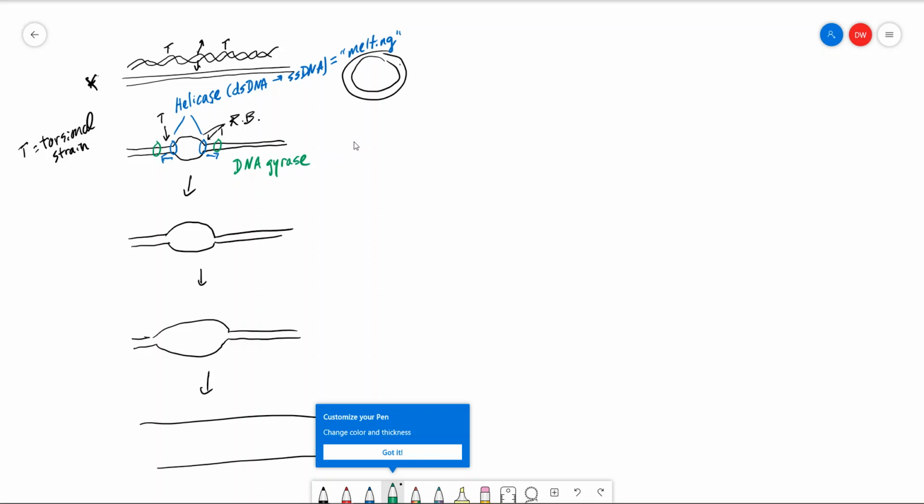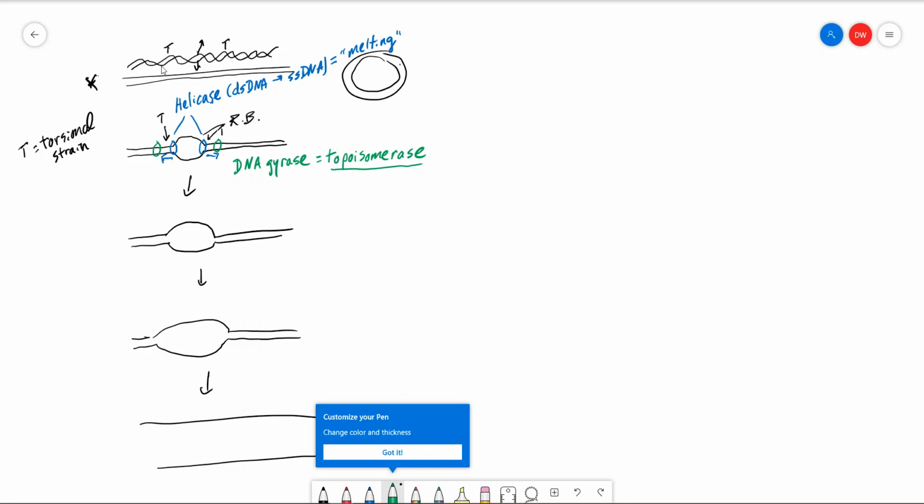That's a common name which is used for it, but I also want you to be aware of this term here, topoisomerase. DNA gyrase is a type of topoisomerase. And I'm going to come back to that term here in just a moment because it's an interesting word. But let me first of all explain what this enzyme does.